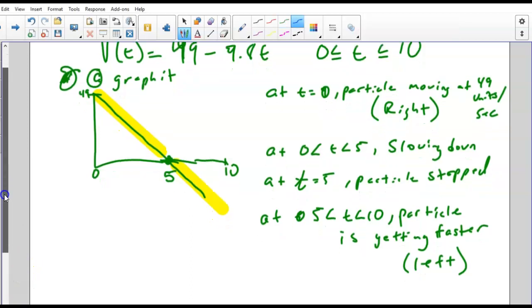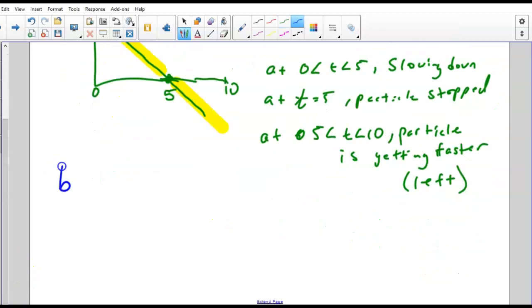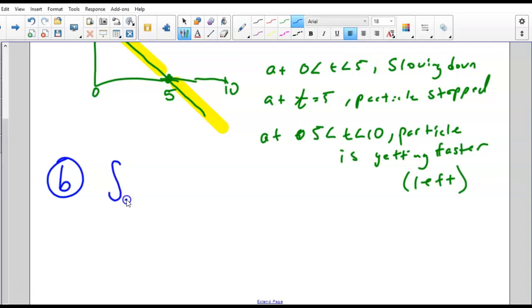Part B, what does part B ask us? Find the particle's displacement for the given time interval. What does that mean? We have to integrate from 0 to 10.